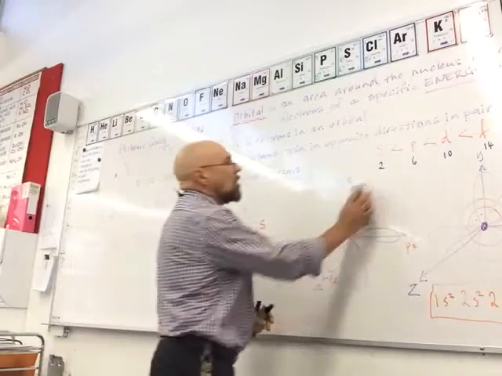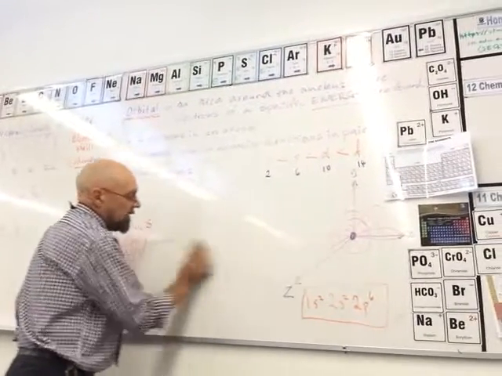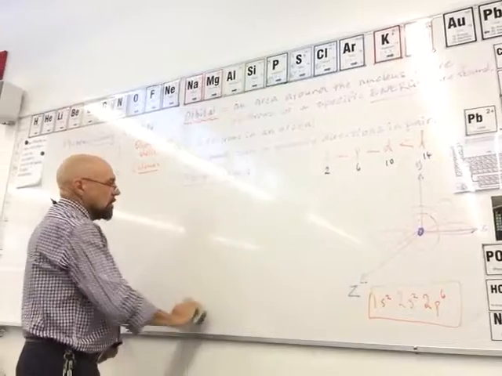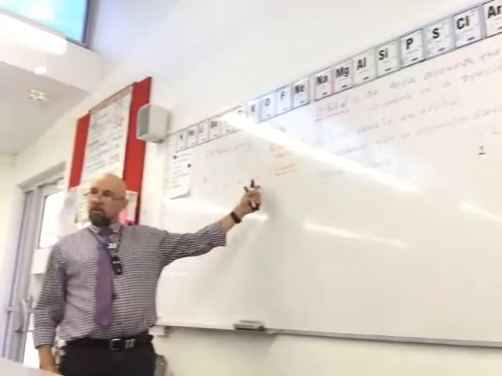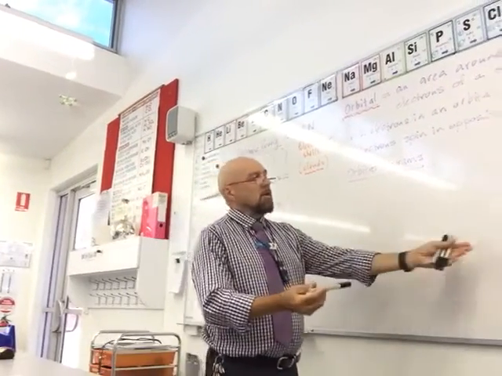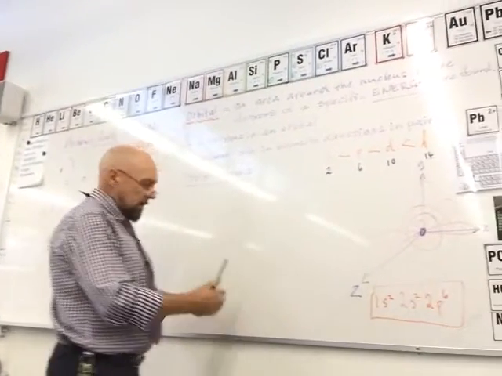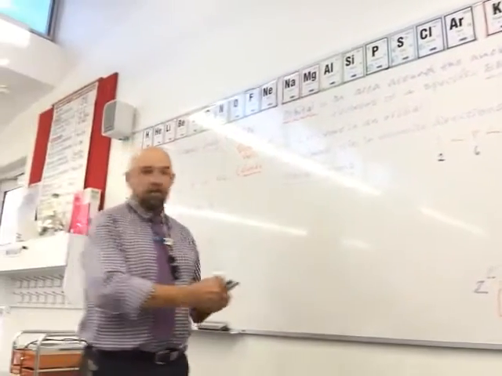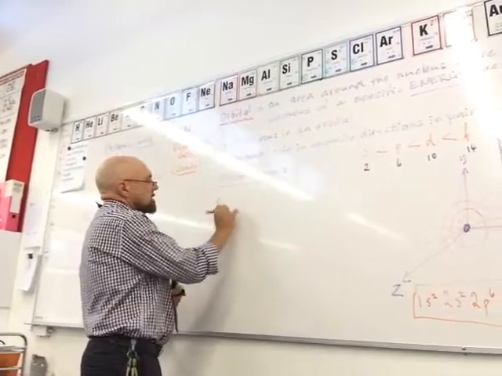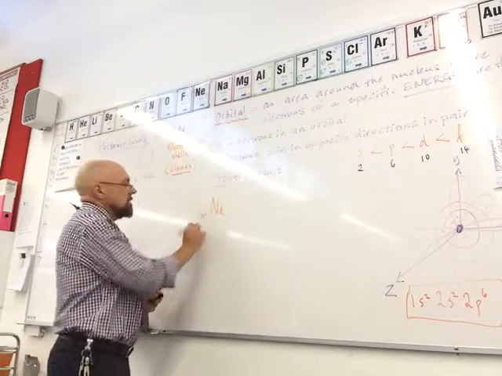If we did the old notation, when I say old and new, I should say this sort of configuration. So you've told me that this is the configuration for neon, because it's stable. And neon is element number 10.